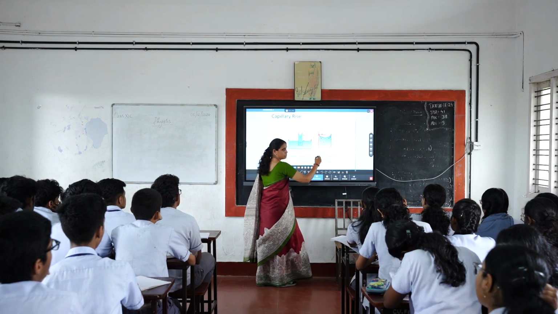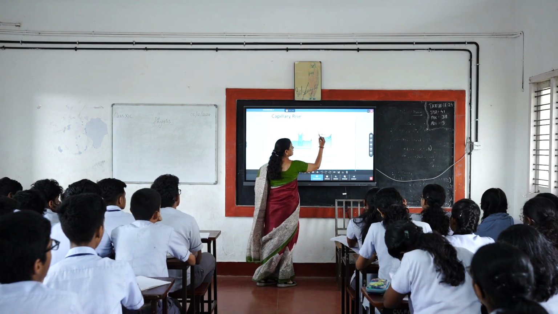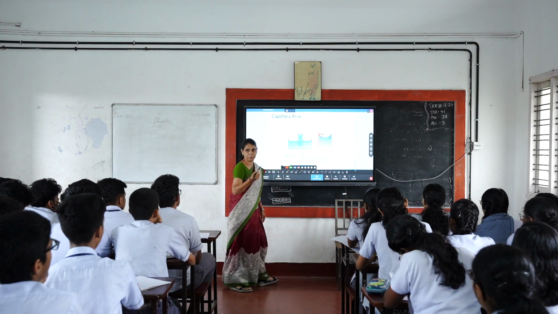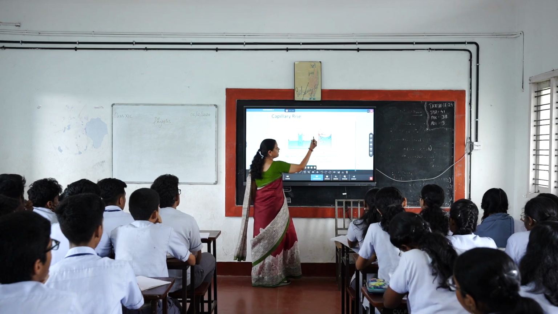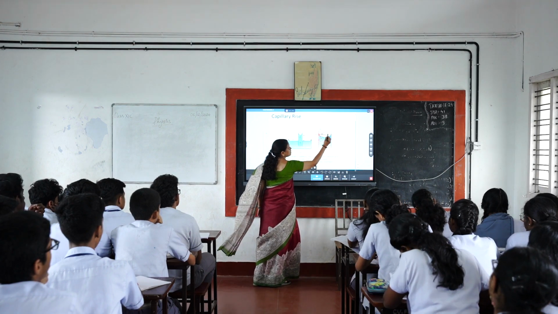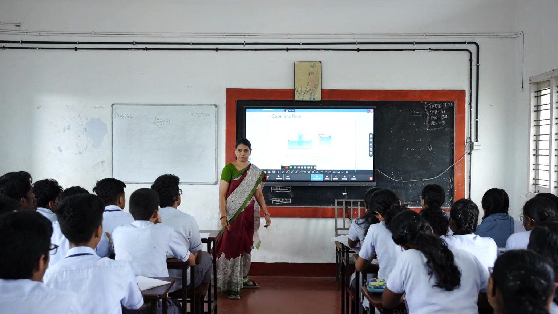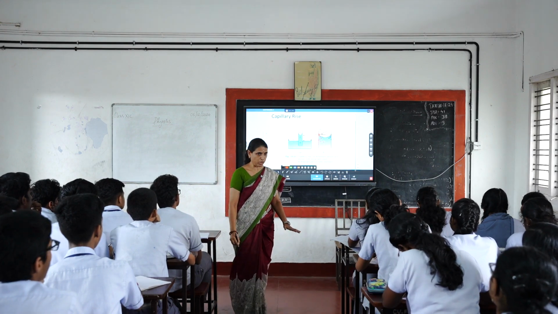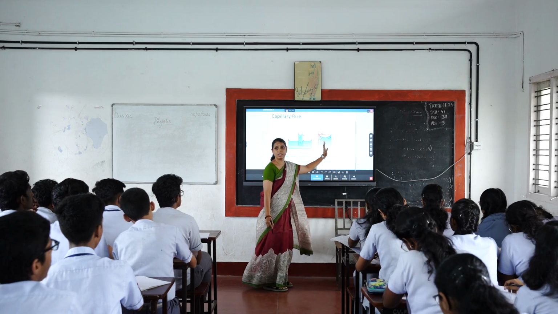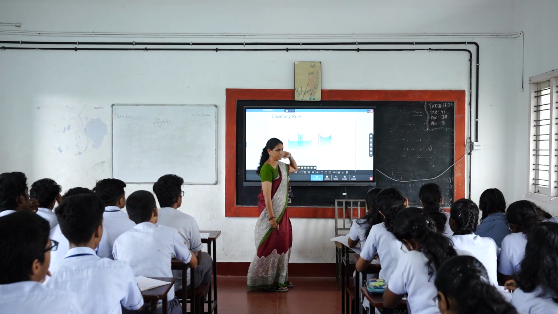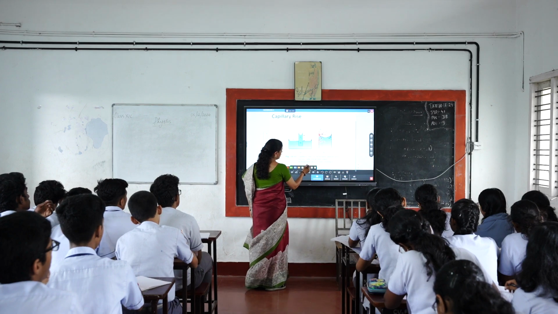This is the tangent, isn't it? And tangent and radius will always be perpendicular. So the angle between these two and the angle between their perpendiculars will be the same. Angle of contact theta, and here the angle between these two also will be the same.